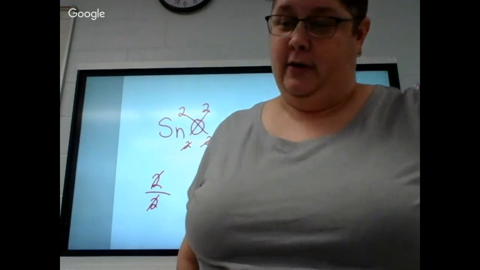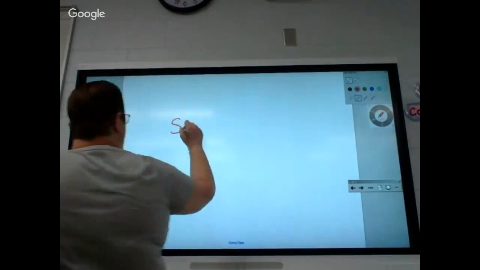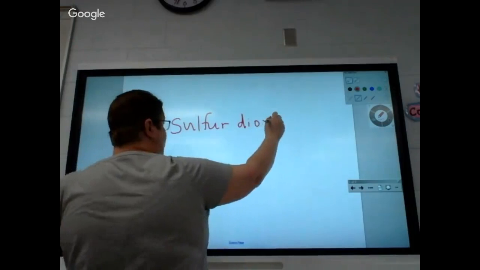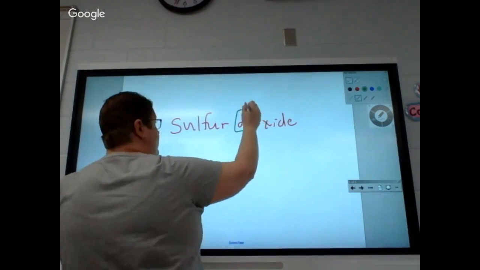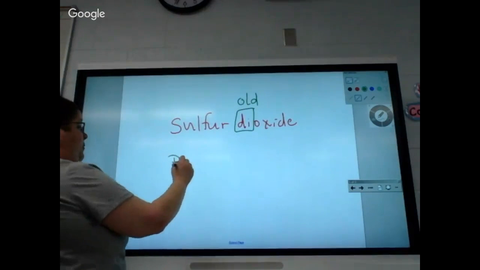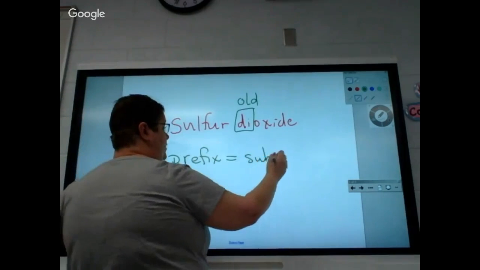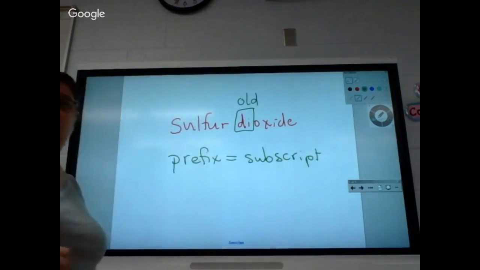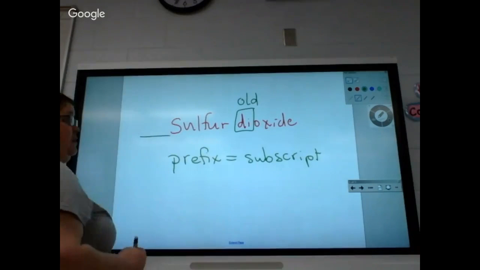What about number 5? Number 5 is sulfur dioxide. This is old system naming, okay? So on the test tomorrow, when you see this di, this tells you it's old system naming. You have to remember that a prefix equals the subscript. There's no crisscrossing. The prefix tells you the subscript. So what prefix is on sulfur?